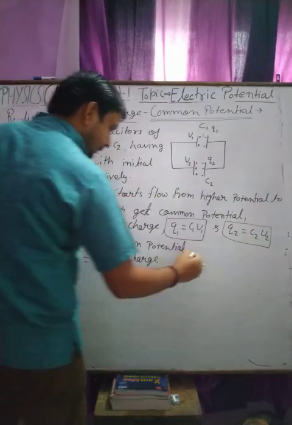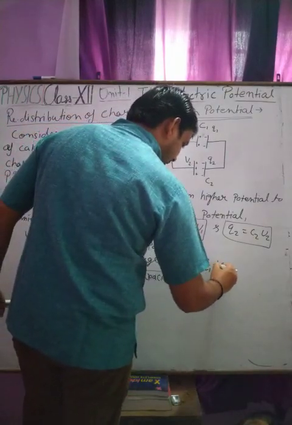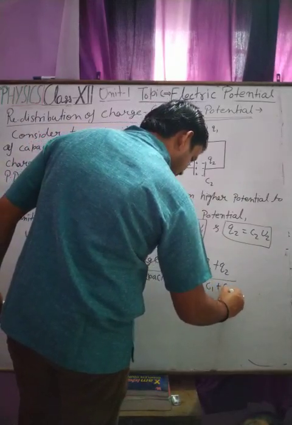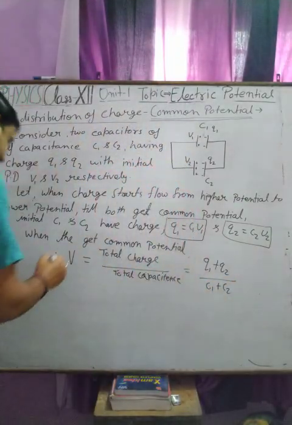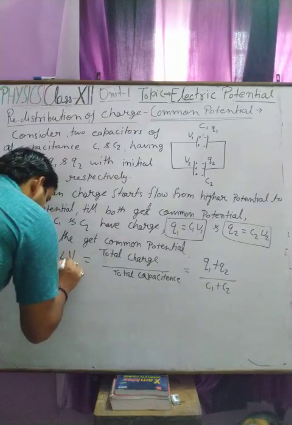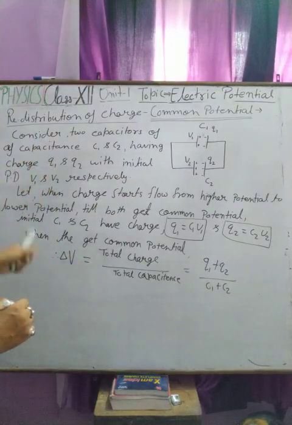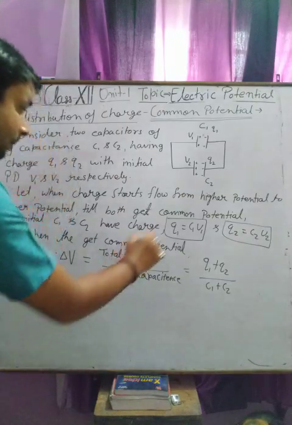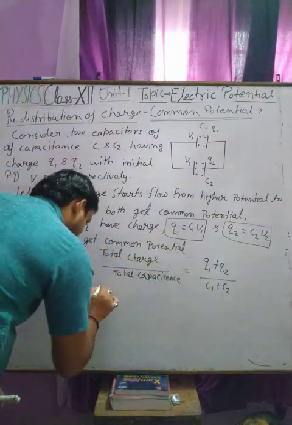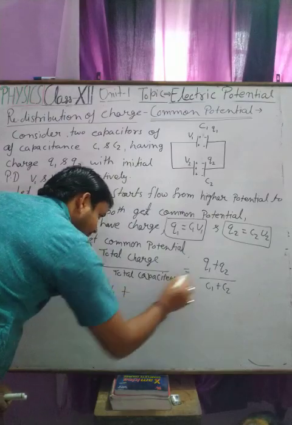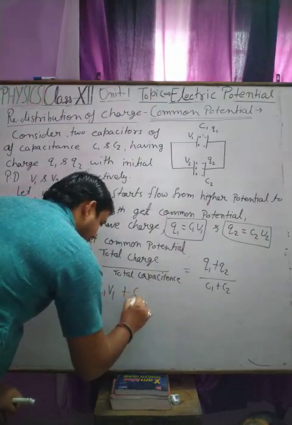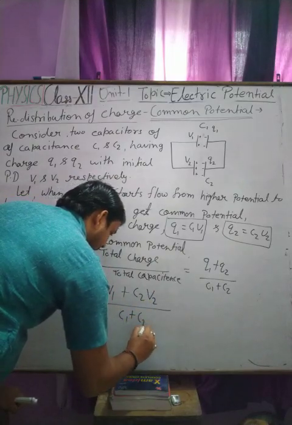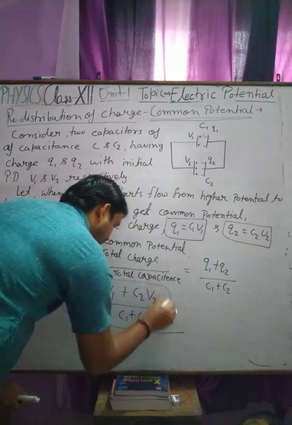We have Q1 plus Q2 upon C1 plus C2. Therefore, इसको स्टूडेंट हम इस तरह से भी दिखा सकते हैं डेल V करके. So the common potential del V is equal to C1 V1 plus C2 V2 upon C1 plus C2. This is the common potential.